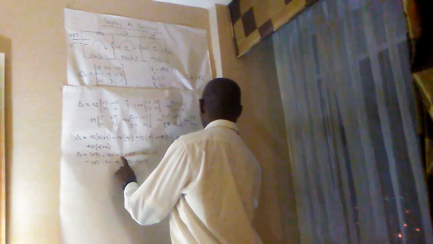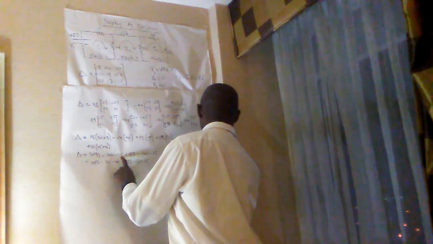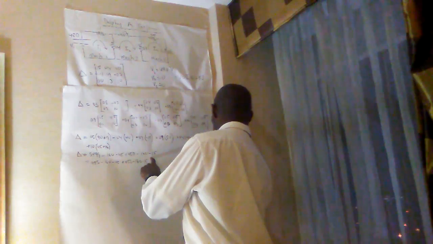Or we take all the minus signs. Minus 160 minus 45 will be minus 205. Minus 205 minus 160 will give you minus 365, and minus 15, minus 380. So we take all the negative signs and we get minus 380.